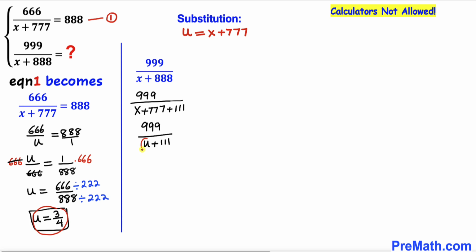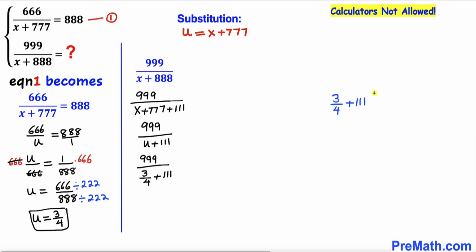So I'm going to replace this one by 3 divided by 4. Therefore, let me write down 999 divided by 3 divided by 4 plus 111.